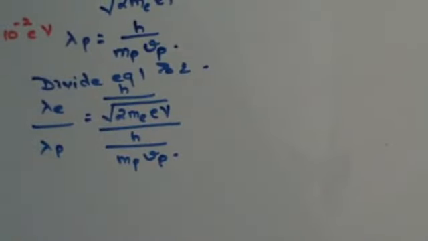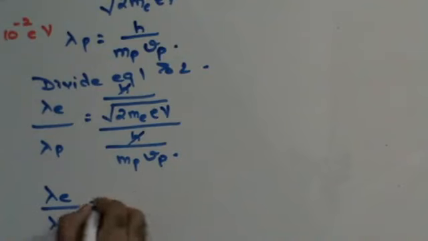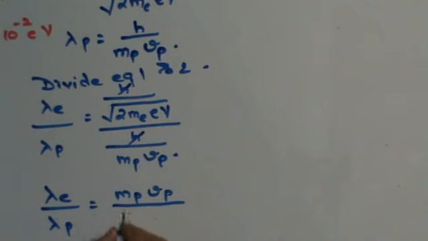Right? So h and h is gone, so I'll get lambda E upon lambda P is MP into VP upon square root of 2 MEeV.